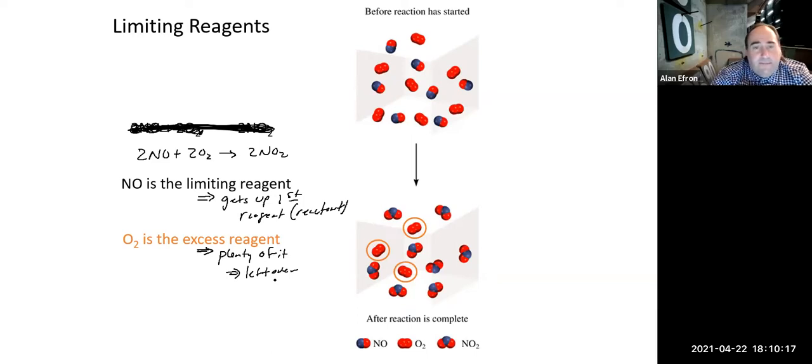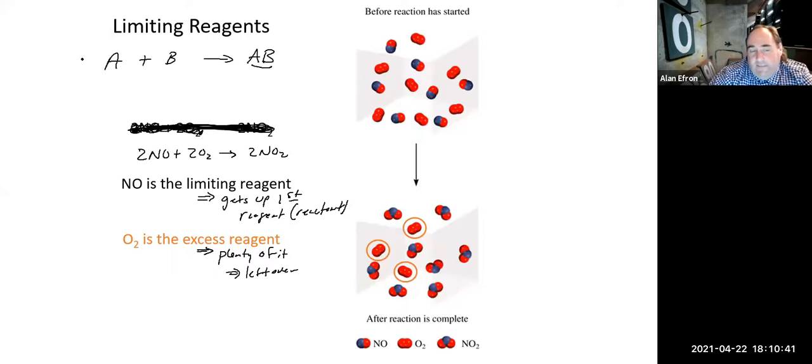Well, it's important because if you need two things to make a product, for example, just a simple illustration: if you took A plus B to make AB, clearly in this case, you need to take an A and a B, put them together to make our product.